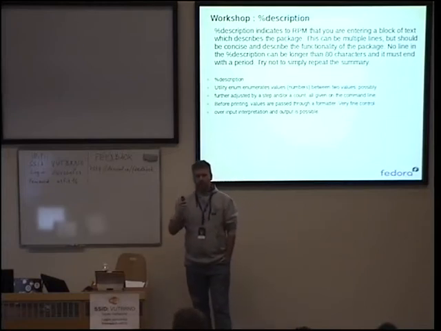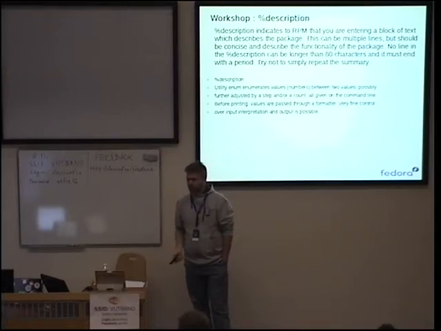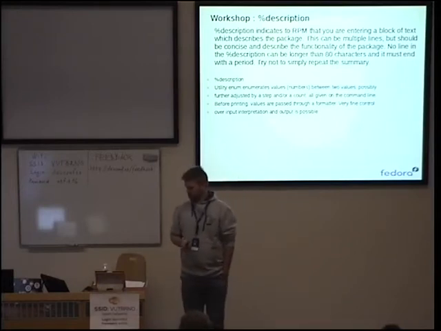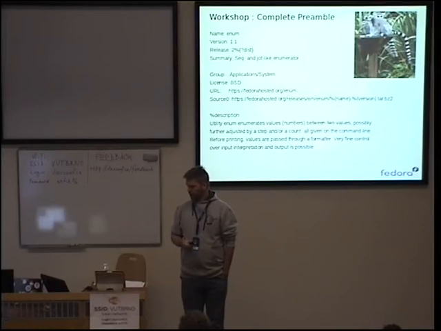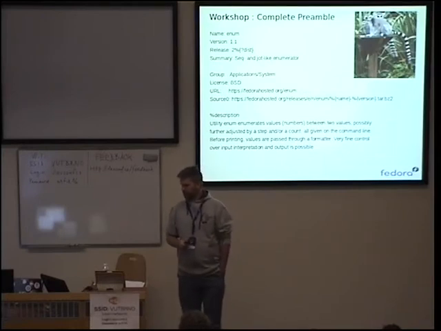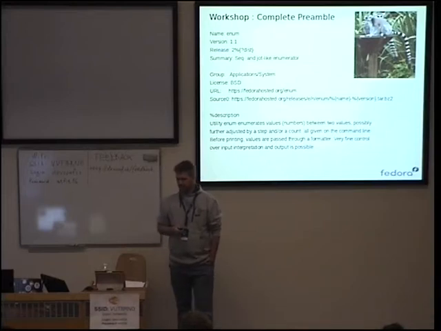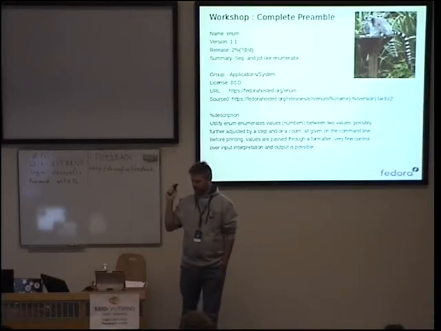It should be only 60 characters per line, but you can use as many lines as you want. So put there something, and we are done with the preamble. It should look like this, hopefully.